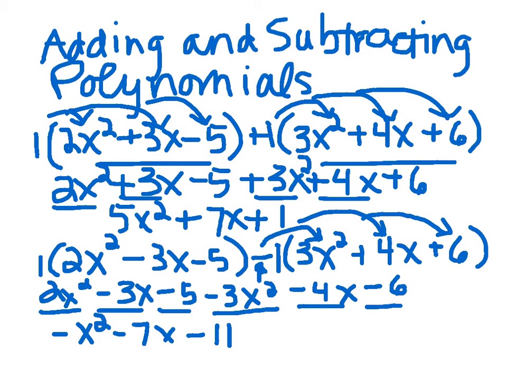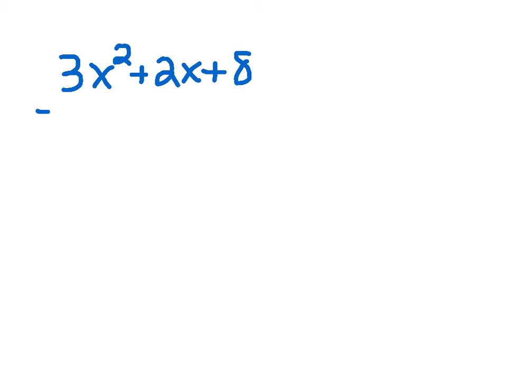If I were to do something vertically, you might see this sometime. If I look at something vertically, I might say, I don't know, 3x squared plus 2x plus 8 minus, I don't know, 8x plus 7.